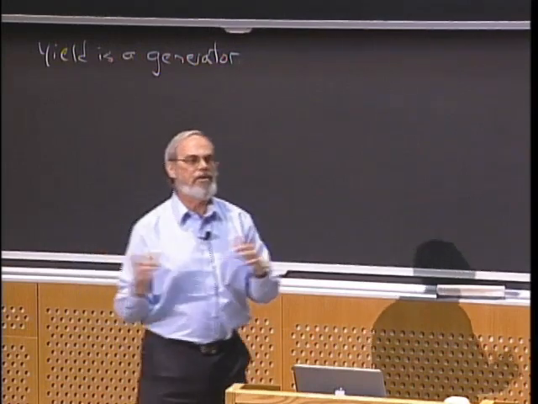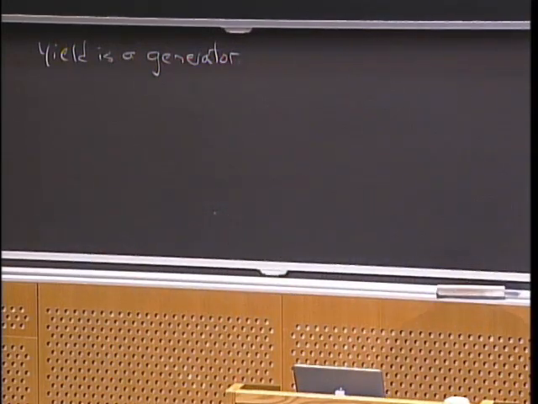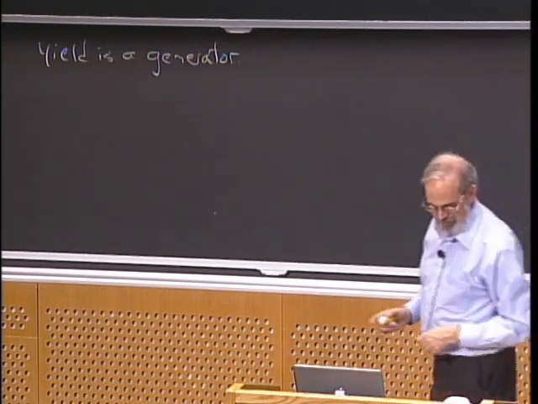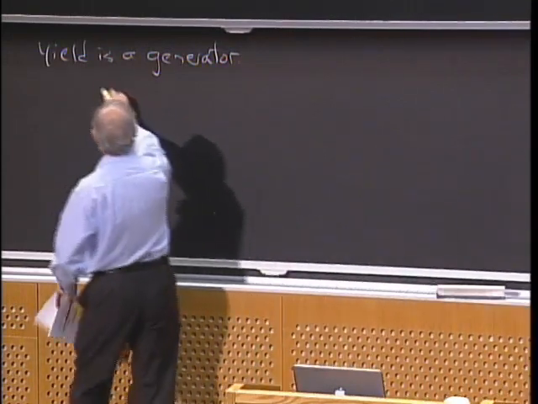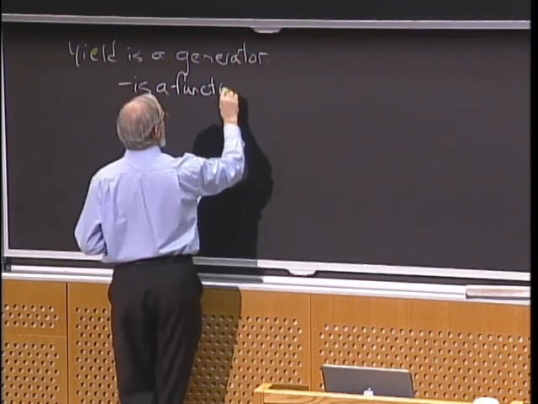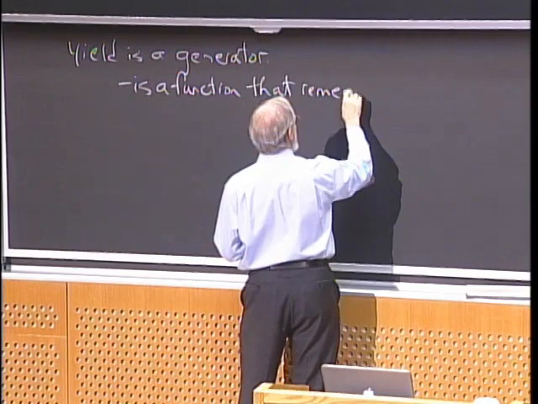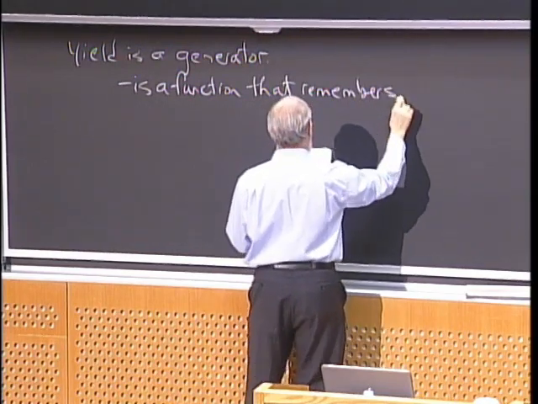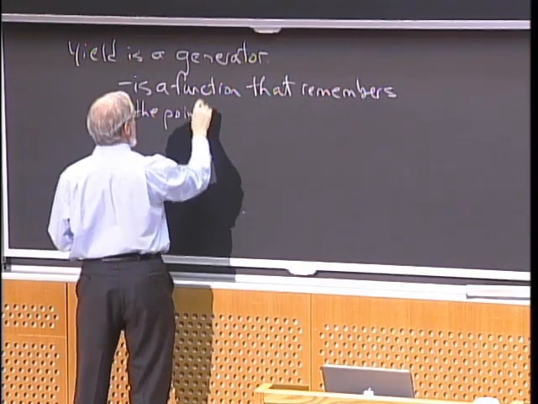And so any information it's stored about where it was in that computation, the phrase we use is it gets popped off the stack frame. Yield is a little different, and it's different because a generator, I want to write this down carefully, a generator is a function that remembers the point in the body where it was.